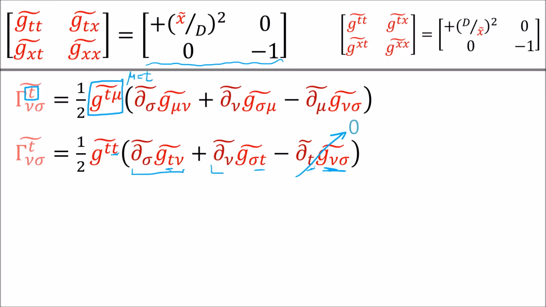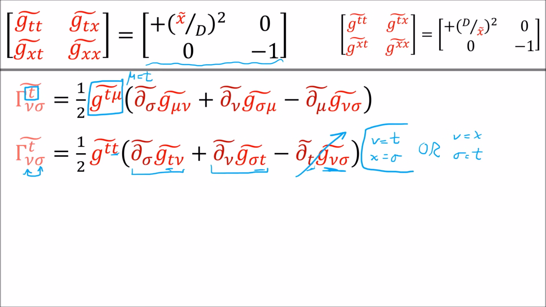For the remaining two indices, the choices that give us non-zero results are either nu equals t sigma equals x, or nu equals x sigma equals t. But these give the same connection coefficient result, since swapping the lower indices doesn't change the value.